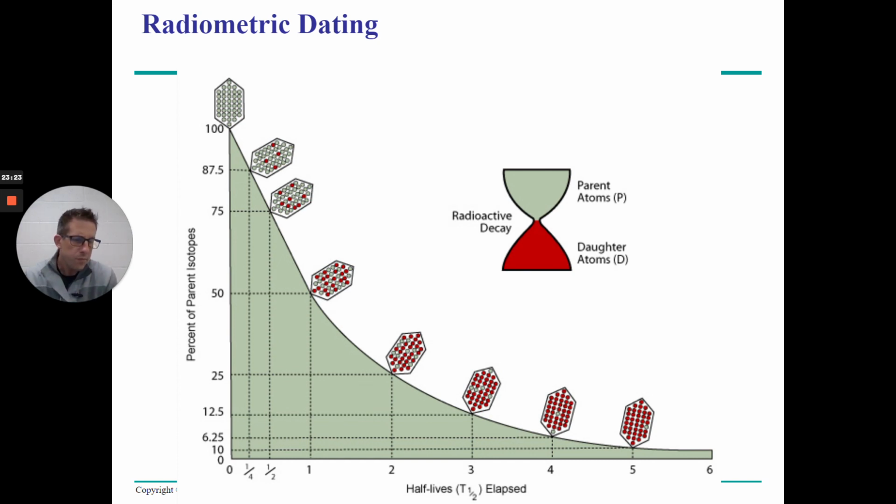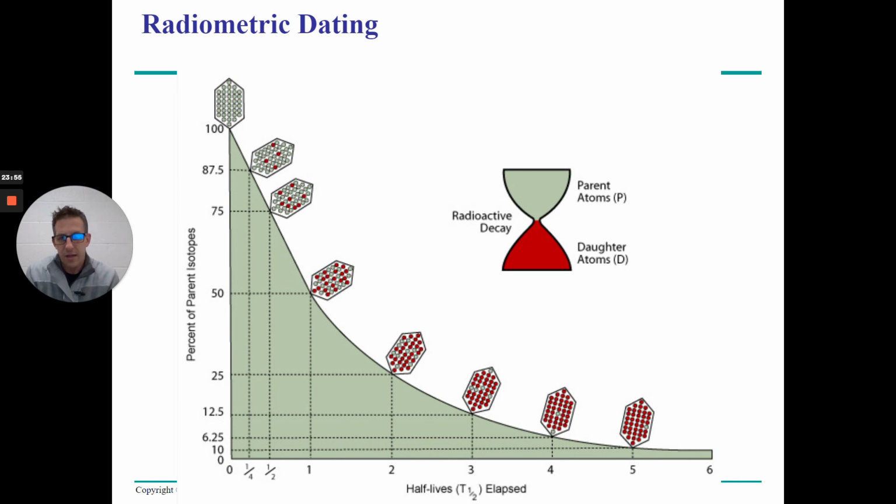And so they can take a sample from this fossil, tear a piece off, grind it up, do some analysis on it, and they can tell what is the ratio of carbon-14 that's still left in the sample to nitrogen-14, which forms after the organism has died. And they can put dates on this based on the half-life of the process of carbon-14 decaying into the nitrogen version of that isotope.